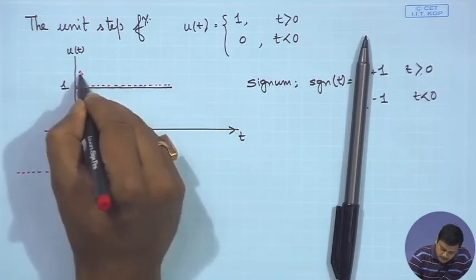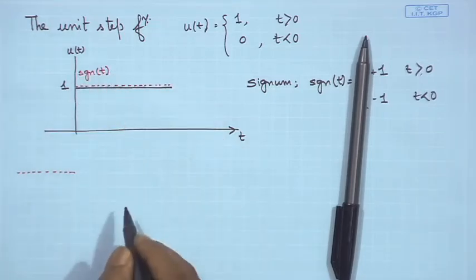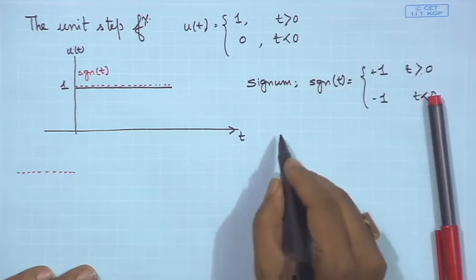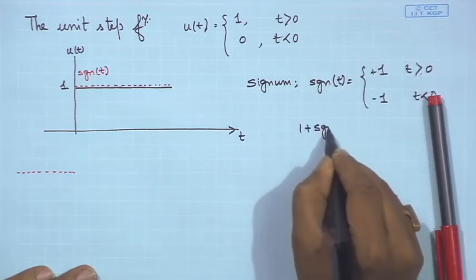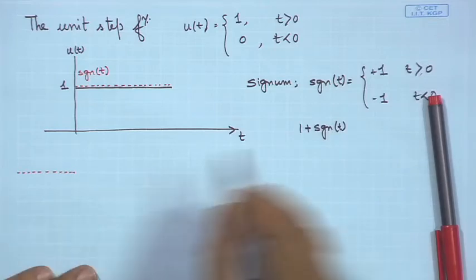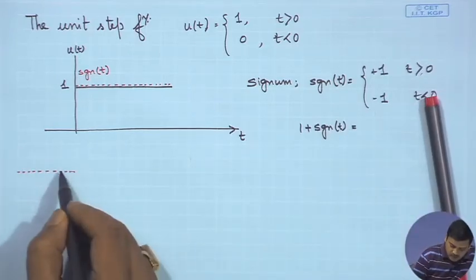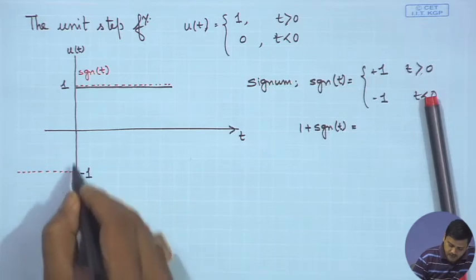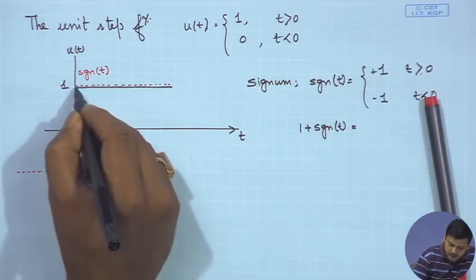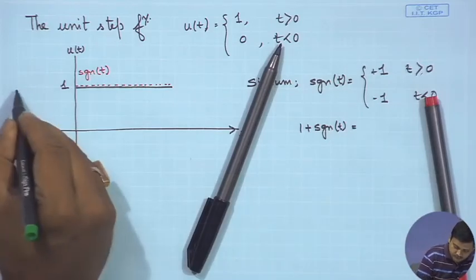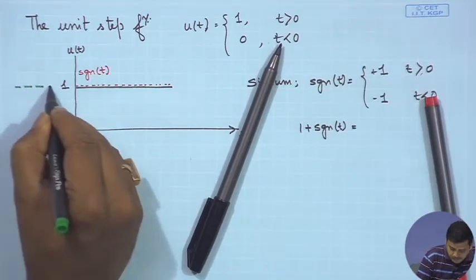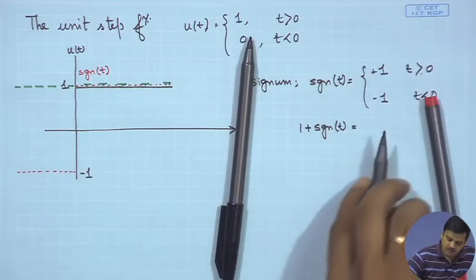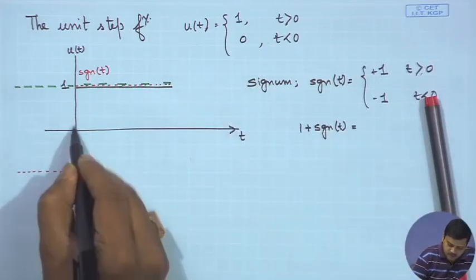That is SGN of t, and if we take, let us say, 1 plus SGN of t, what we get is this: this is minus 1, so if I add 1 to it, it will be 0, and when I add 1 to this section, the resulting function would be 2 times u of t, because this is 0 and here the magnitude is 2.